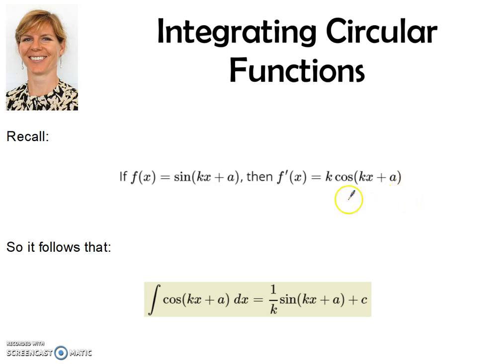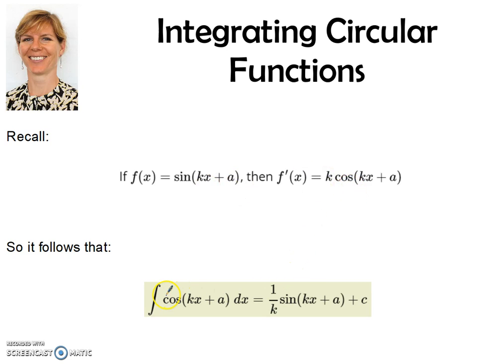All right, so if we recall that when we differentiated sine of some function, kx plus a, where k and a are constants, then the derivative of that was k cos(kx plus a). Okay, so if we're going to do this in reverse, we just need to take the reciprocal of the k. So we're going from cos back to sine. We're going to get rid of the k, and the sign stays the same, so it doesn't change from positive to negative.